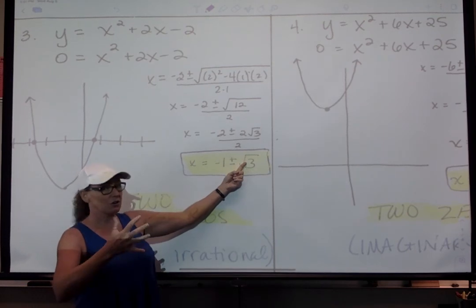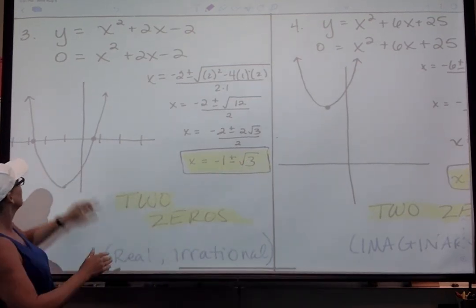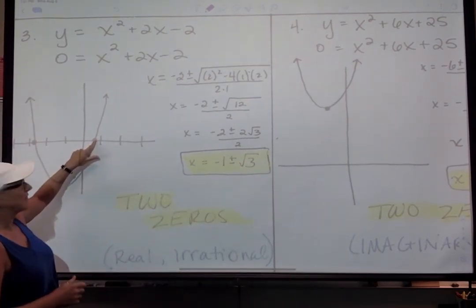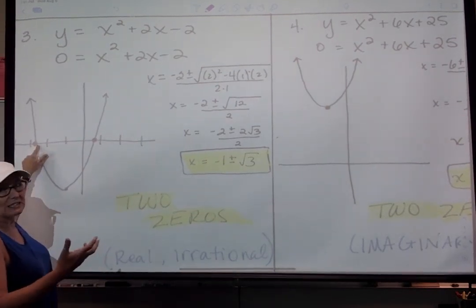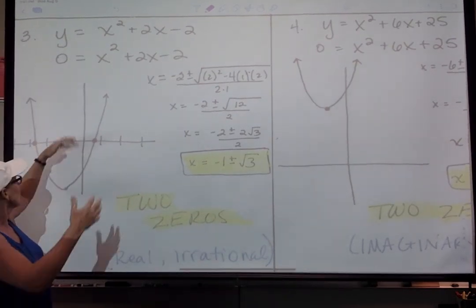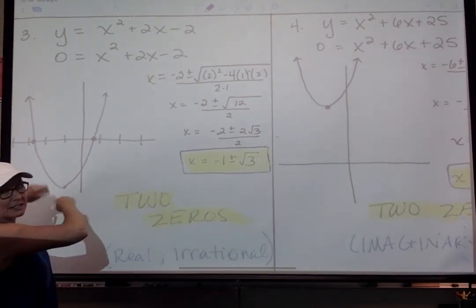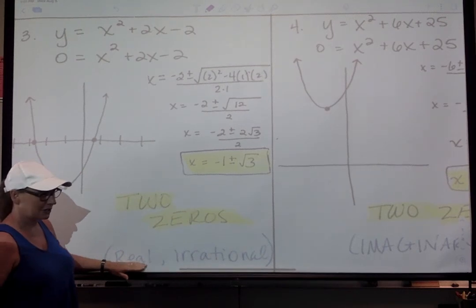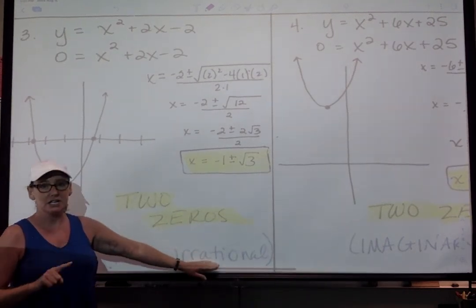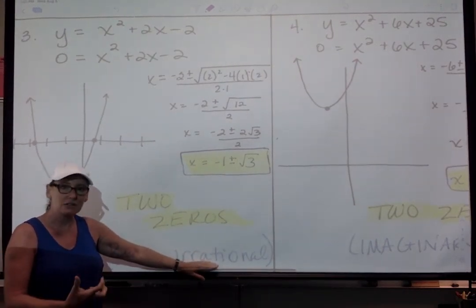The decimals are approximately, I think it was like 0.7 and negative 2.7. So I graphed them, I just kind of estimated through the graph. It has 2 zeros. They're real, they're not imaginary, and they're irrational because they have a radical in them.